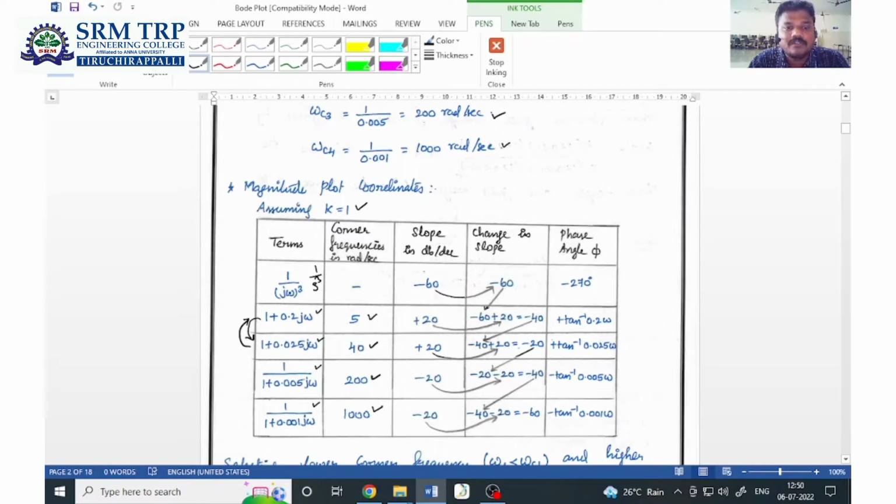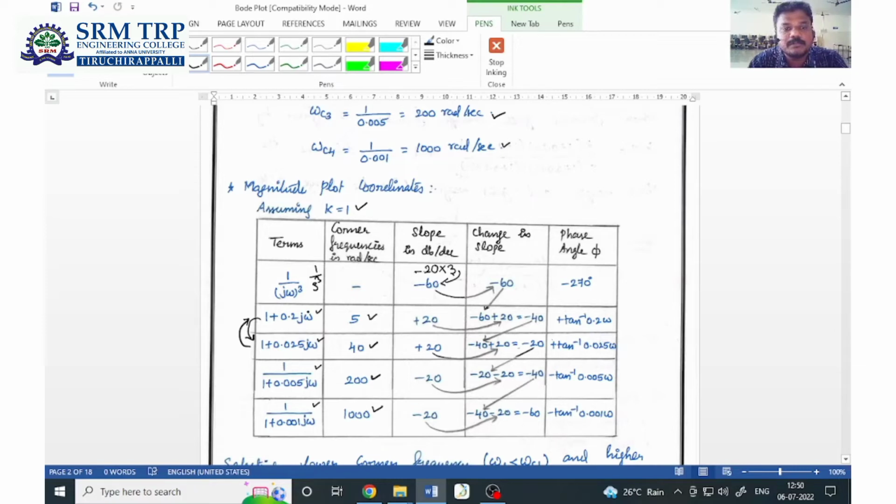Here I have s in the denominator and the degree of s is 3. The s present in the denominator takes minus 20 dB per decade as its slope, and the degree is 3, so multiplied by 3 it gives minus 60 dB per decade.